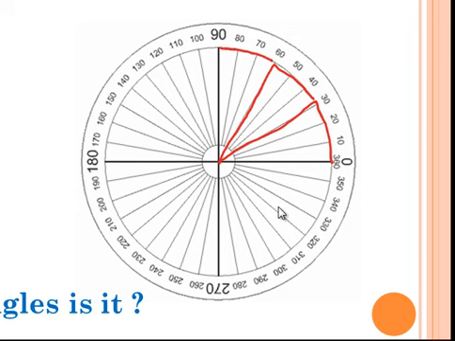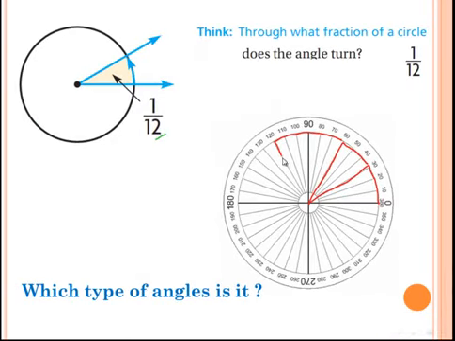6 plus 6, 12. So I have learned how I can divide the big circle into 12 equal parts. I'm going to count 3 by 3. Look, 1, 2, 3.